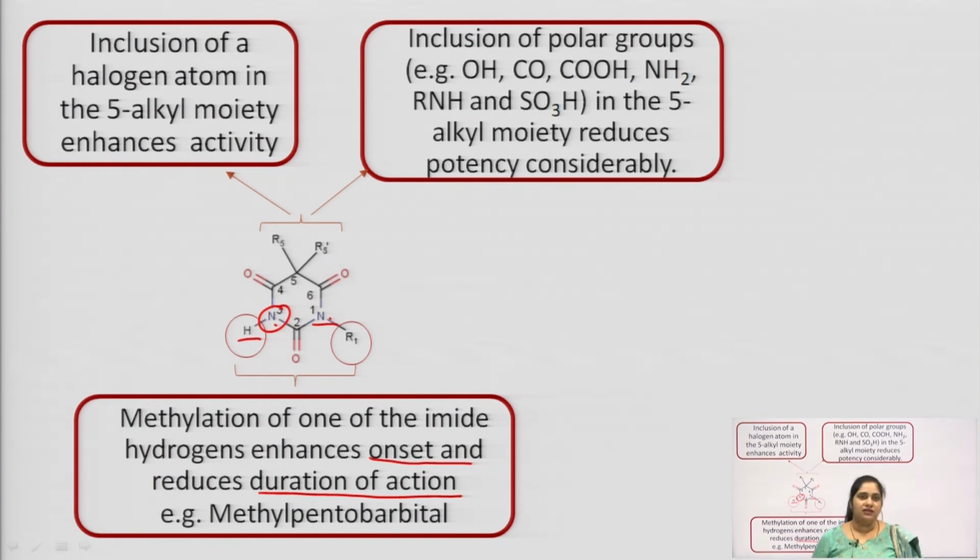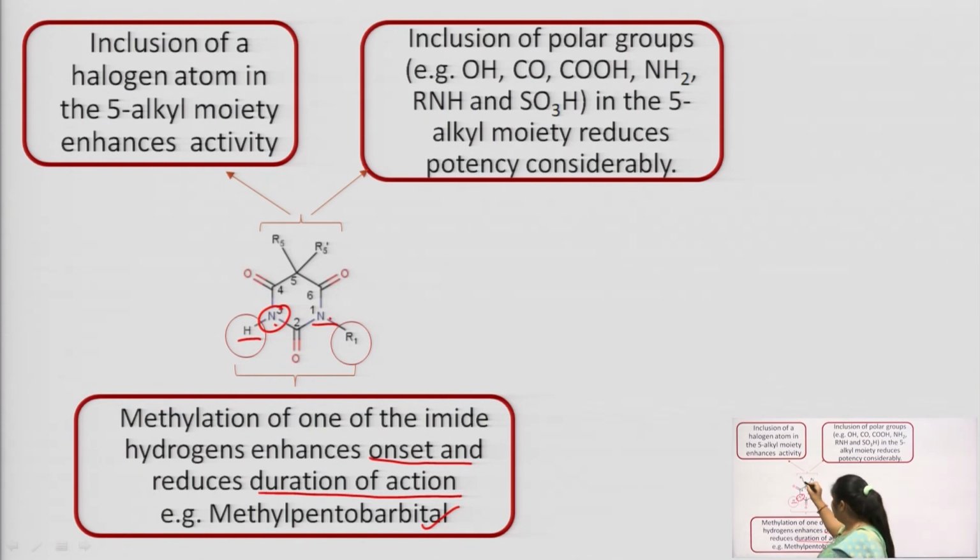It will increase the onset of action and hence reduce the duration of action. The drugs will be short acting. An example is methyl pentobarbital. When one of the nitrogens of pentobarbital is substituted with a methyl group, that is methyl pentobarbital, and that possesses a shorter duration of action.